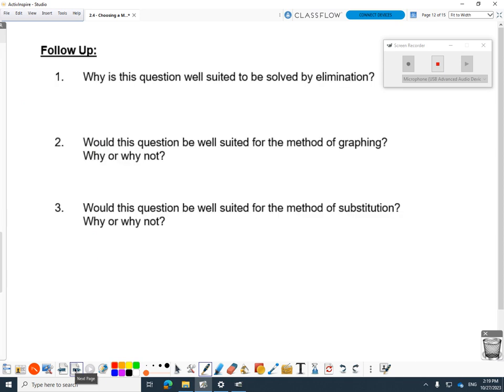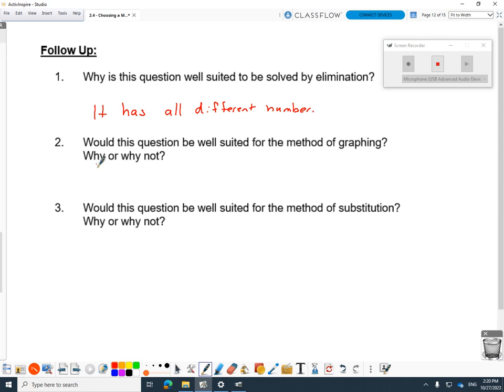Why is this question well suited for elimination? It has all different numbers. And because the numbers were all different, elimination can handle it nicely. Would this be well suited for graphing?